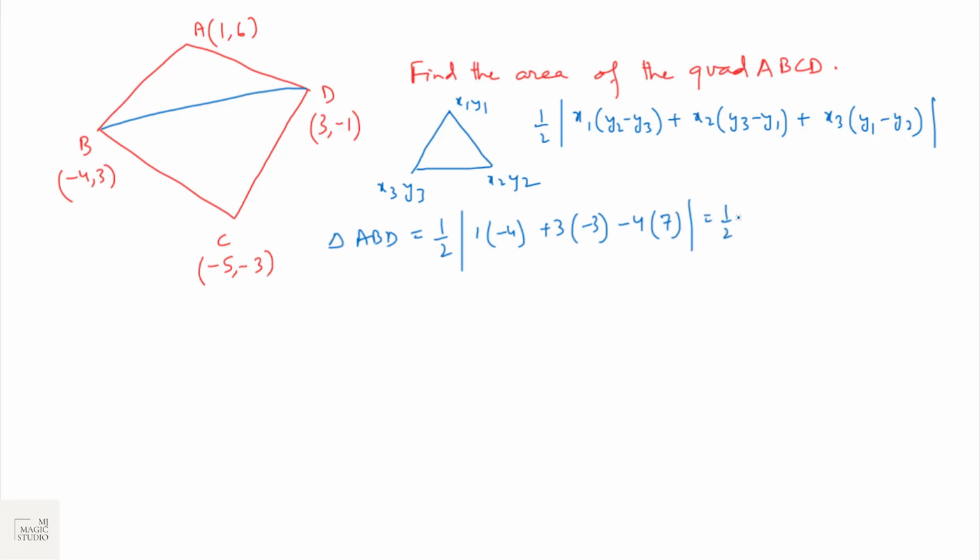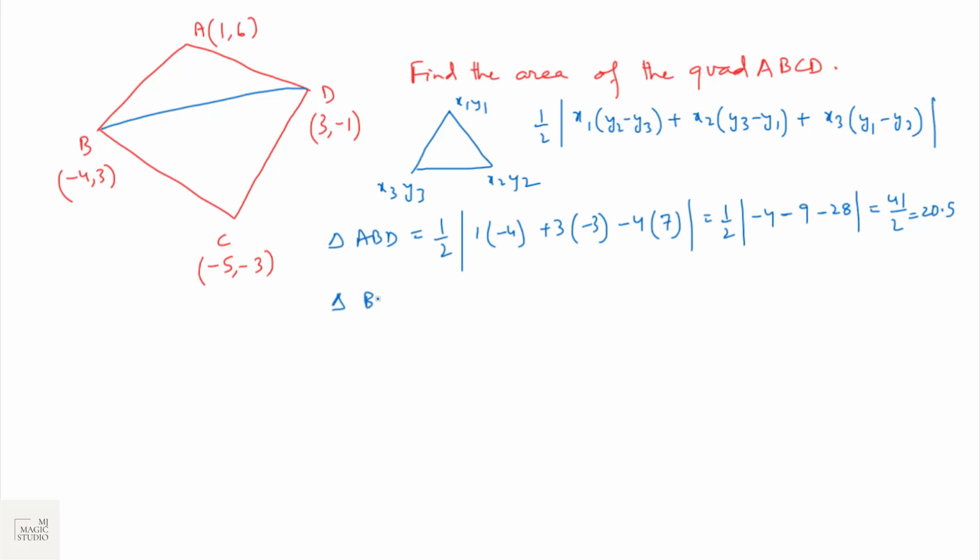So that would be half into minus 4 minus 9 minus 28. That is 10, 38 and 3, 41 by 2. Since it is mod, I am taking the positive value. That will give me 20.5 square units.